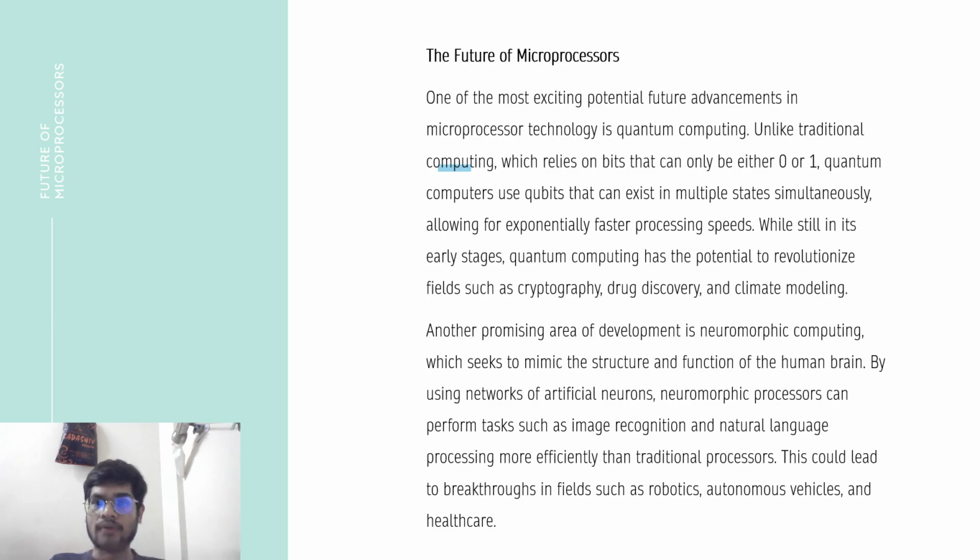Another promising area of development is neuromorphic computing, which seeks to mimic the structure and function of the human brain by using a network of artificial neurons. Neuromorphic processors can perform tasks such as image recognition and natural language processing more efficiently than traditional processors. This could lead to breakthroughs in fields such as robotics, autonomous vehicles, and healthcare. We all know that in our brain, neuron signals are passed. Using that, we can make processors which can predict images and natural language.